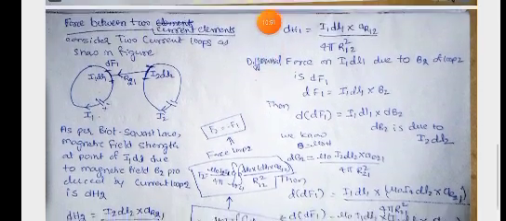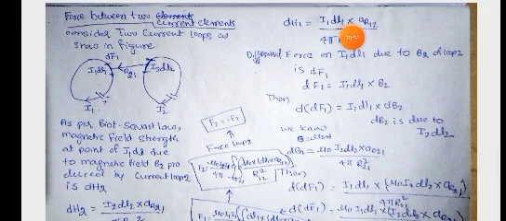So we can also write dH1 is equal to I1 dL1 cross aR12 by 4 pi R12 square. This is the magnetic field strength at the point of I2 dL2 due to the magnetic field produced by the first current loop. This is the Biot-Savart law.